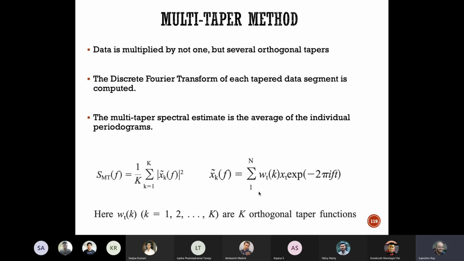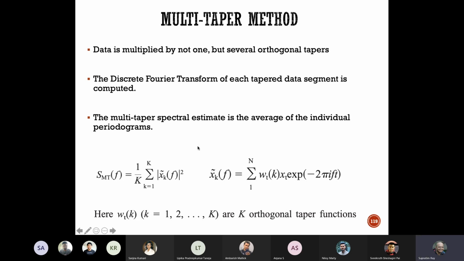Okay, this almost seems like magic. Suppose I have got 10 tapers and I only have 5 trials. So initially I would just be computing the average of 5 DFTs. But what the multi-taper method is saying is that I can multiply my first trial with 10 different tapers, and as if this becomes 10 different trials.